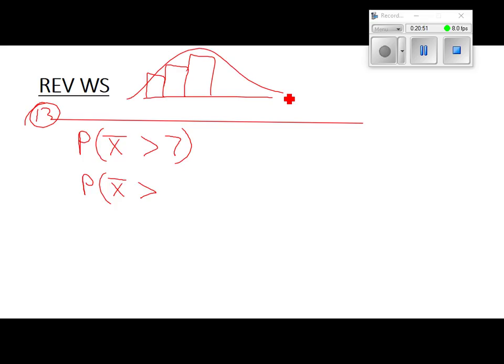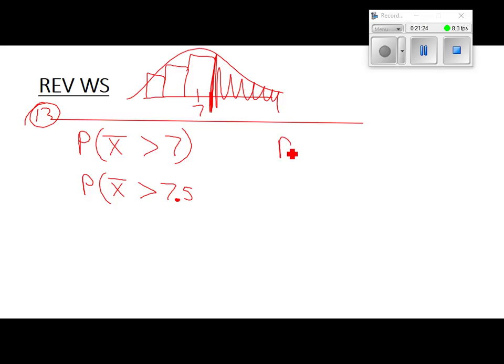So instead of x greater than 7, we're going to tell the calculator we want all the x's from 7.5 up. Because if this is 7 right here, then we're telling the calculator to go to right here, then start taking in all the area. How do we put this in the calculator again? That is still the normal CDF. And I'll show you here in a minute.